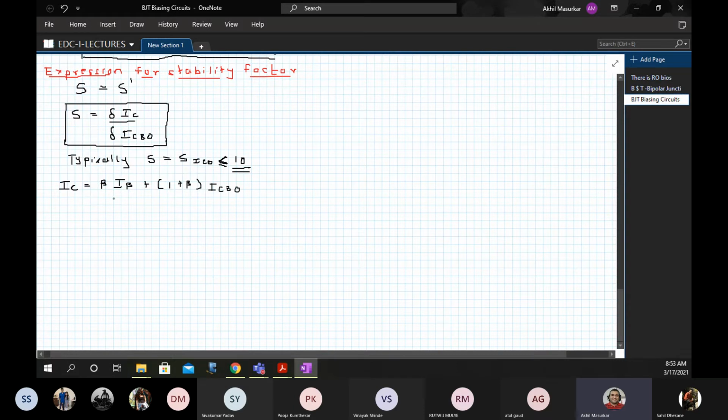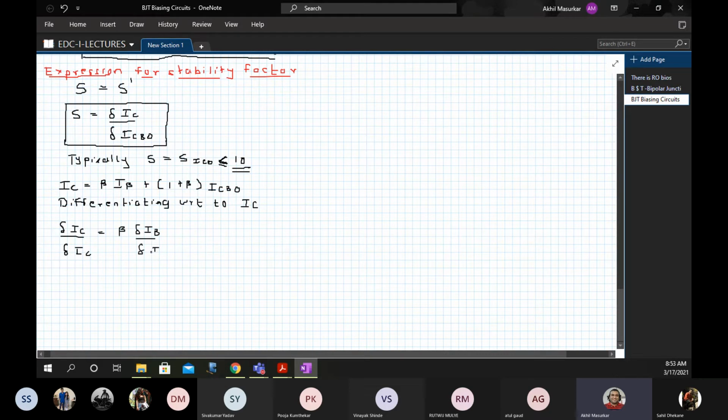So what we'll do is differentiate this equation with respect to IC. Please note down the steps. Differentiating with respect to IC.